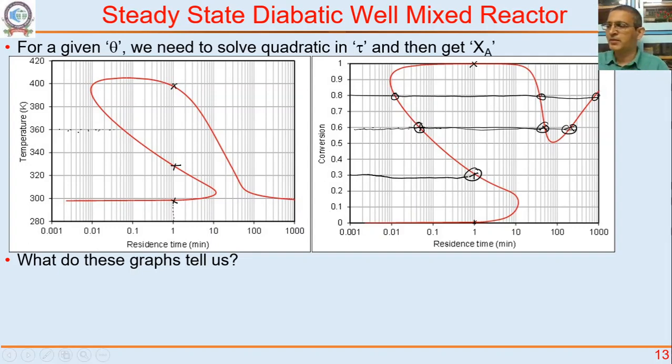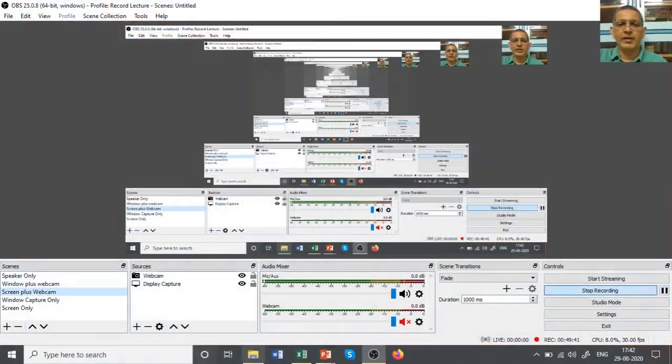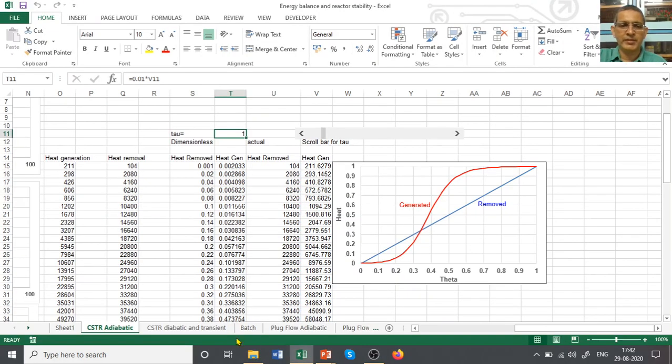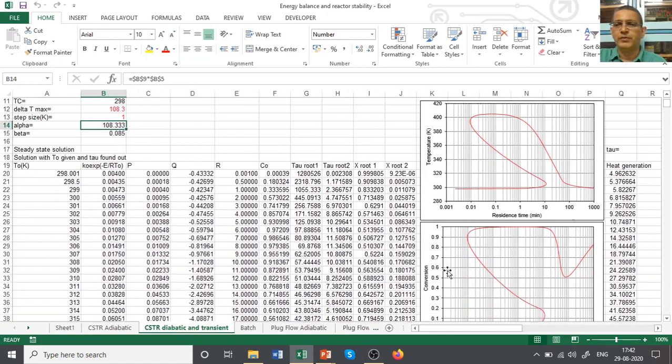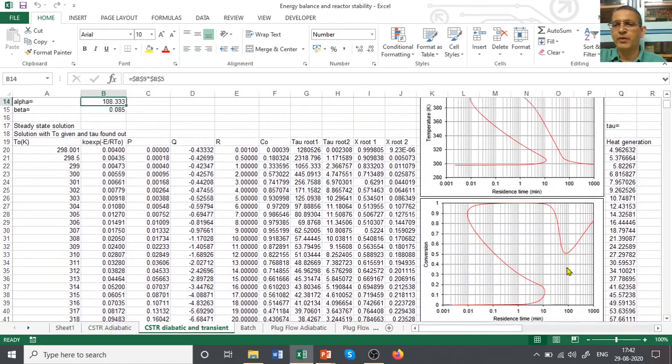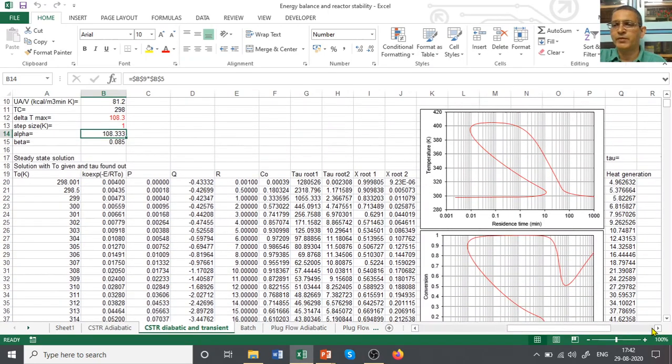And you see all these things change with respect to the properties, enthalpy delta H, E by R, and so on and so forth. Let me just show you in terms of the Excel sheet. You see all these calculations you can do and plot these graphs for yourself.